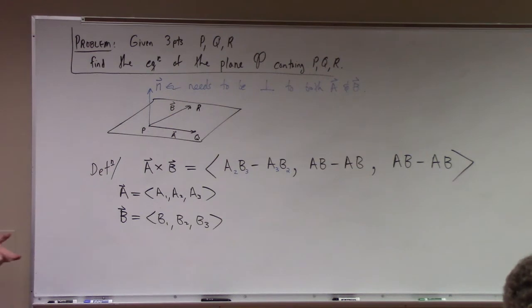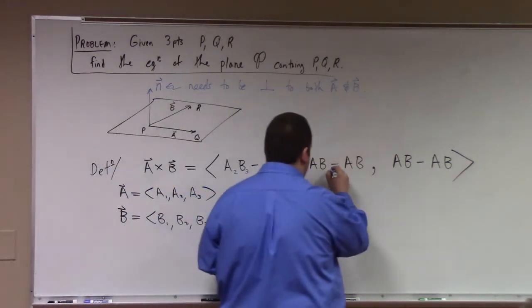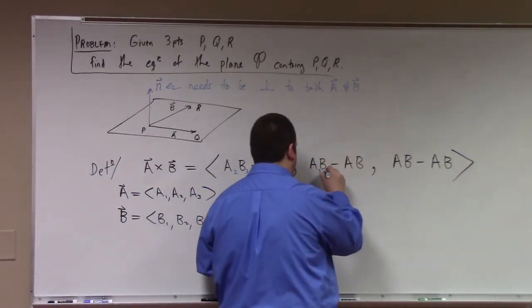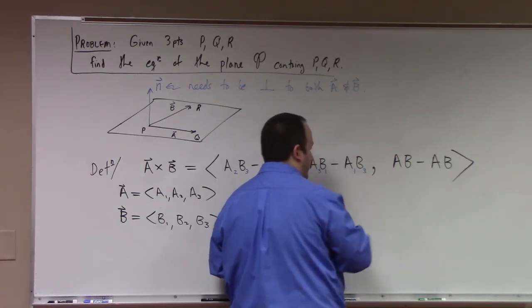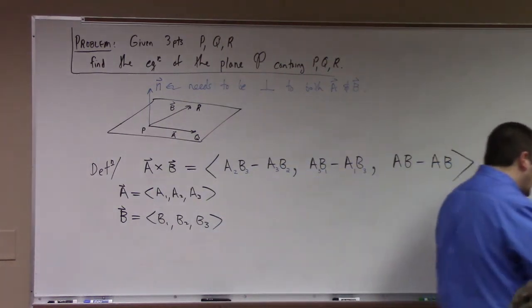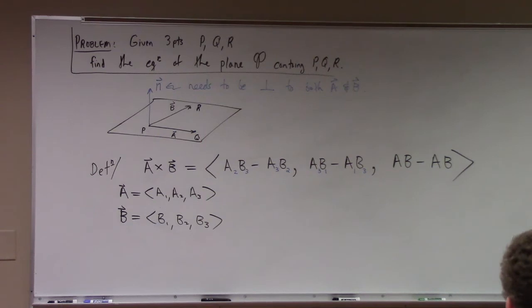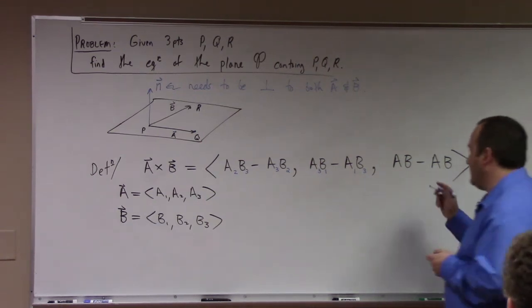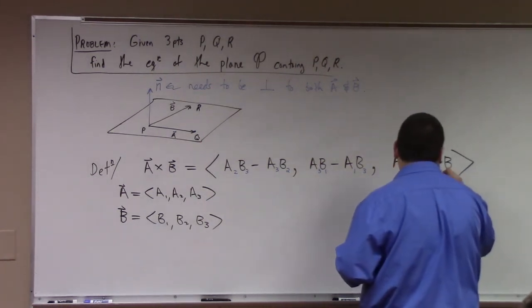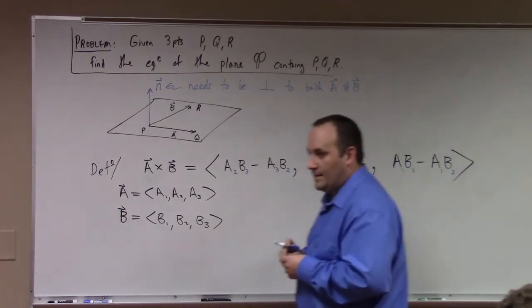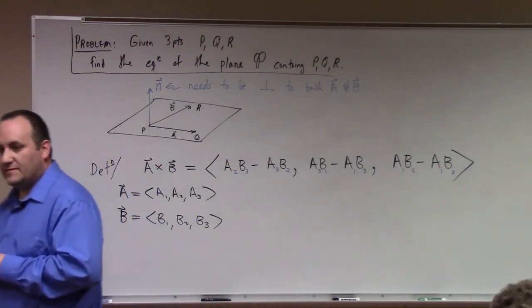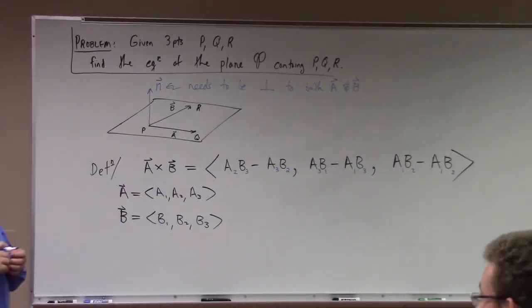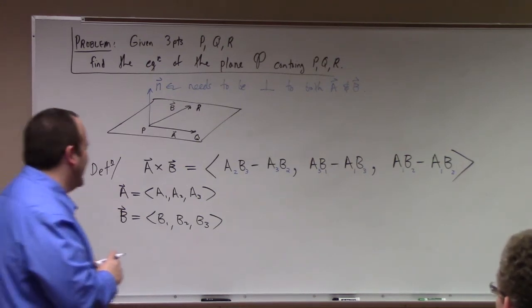You have 1 and 3: 3, 1, and 1, 3. In the third component, you have everything except for 3 appearing. You have 1 and 2, and 2, 1. This is the cross product. Yes, sir? Wouldn't it be 2, 1, the last one? Oh, yes. Thank you.